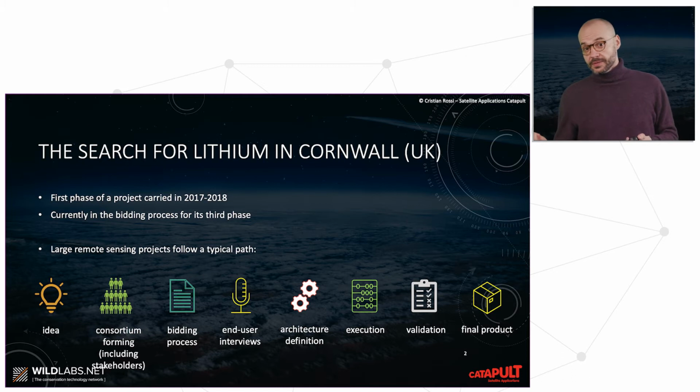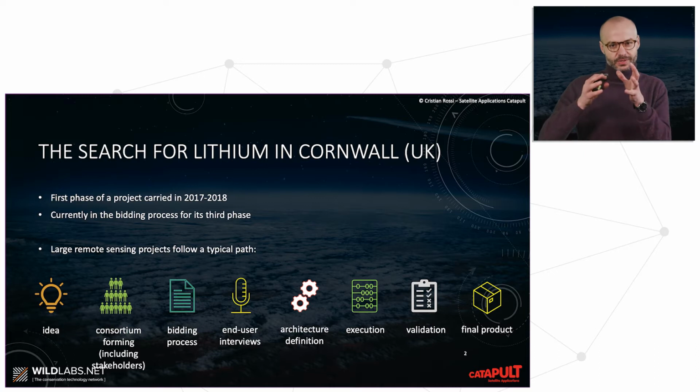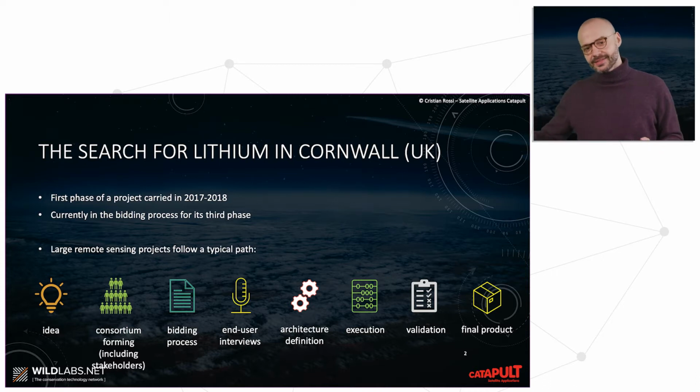This is executed, so the processing of remote sensing and other data is done. Very often, remote sensing is only part of the solution. It's not the complete solution. Then comes validation of the product, and then the final product. So this is a typical path.